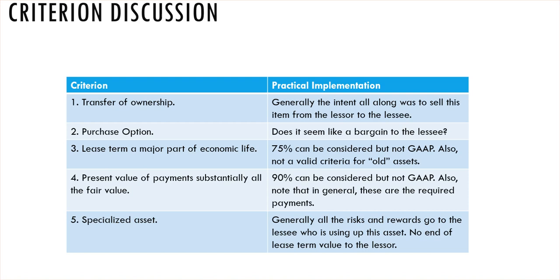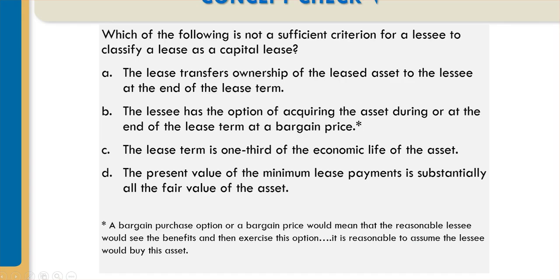We can argue that since it is so close to 90%, we're going to call it a finance or a capital lease. Okay? So you get to argue your point using the guidance which says the numbers. Okay? Previously, we had to hit that mark exactly because that was the bright line concept, the rules concept.